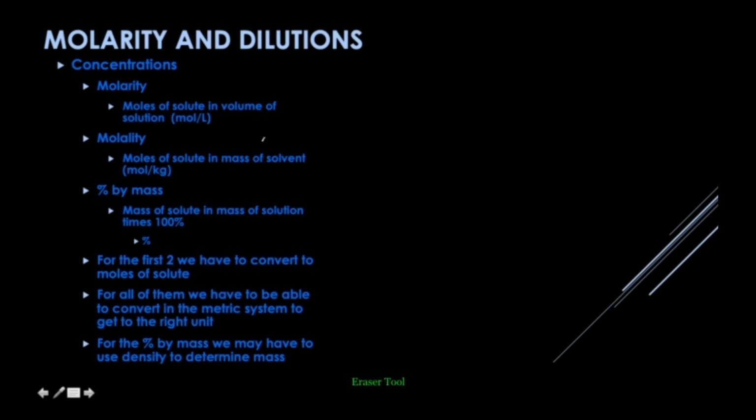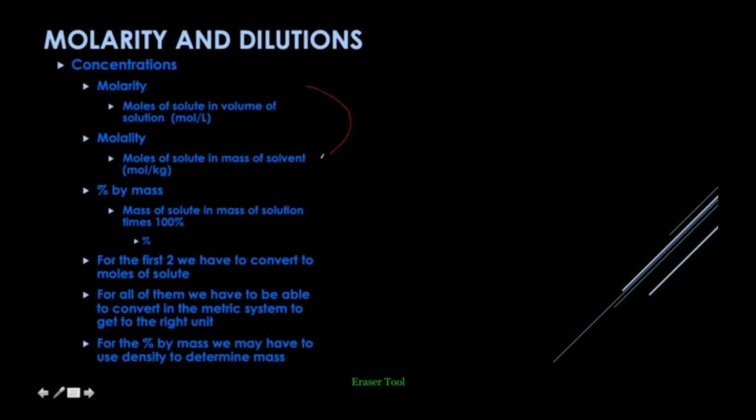So now for our first two up here, these require us converting from mass to moles. So we have to have moles of solute. It's mandatory. You have to have moles. If you can't get to moles, you need to go back and revisit that from the first semester and get to be able to deal with moles.